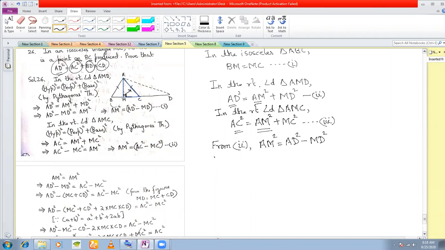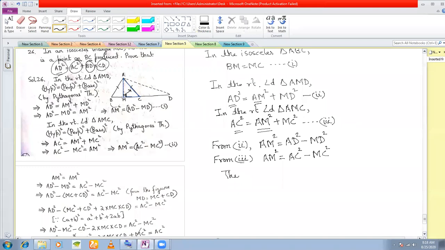From 3 you get AM square is equal to AC square minus MC square. So therefore, what do I have? I have both equal to AM square.